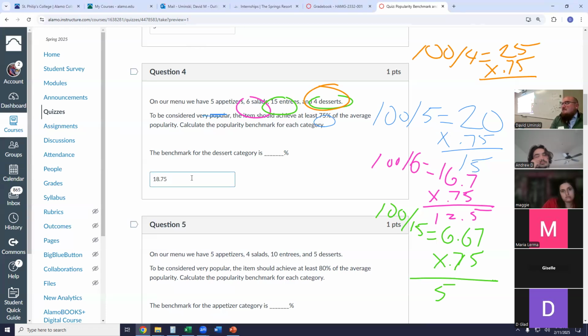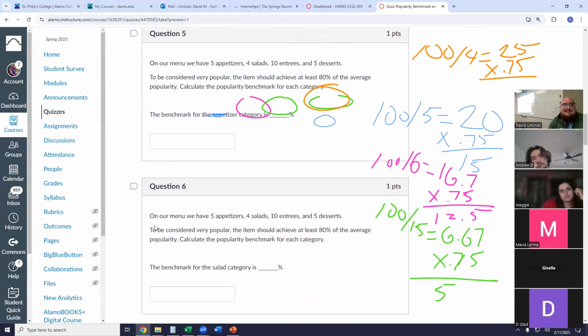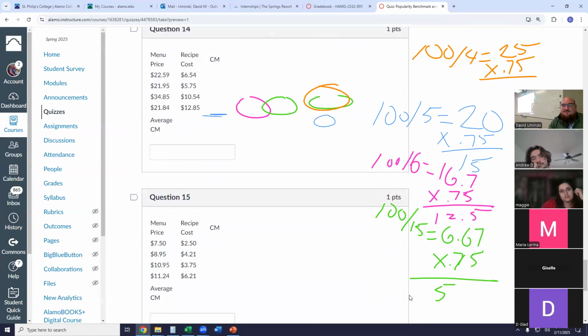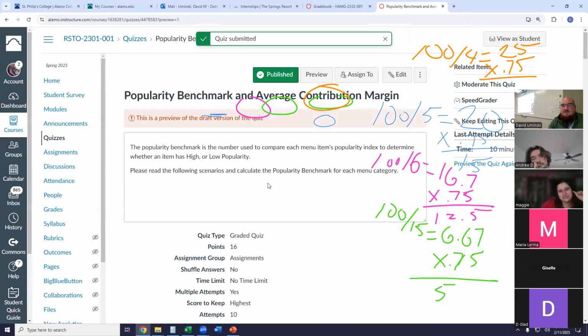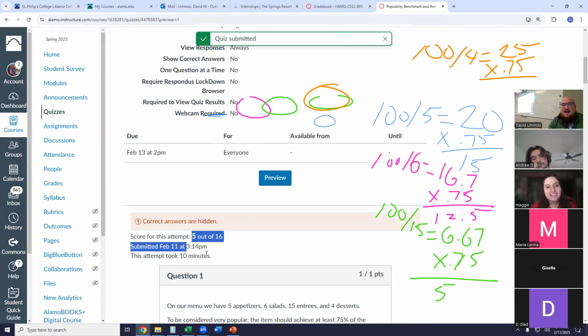Okay. So now we've answered 4 questions, right? Yes, sir. 4 plus the contribution margin. Let's test this and see if we get 5 out of 5 questions correct. Look at that. Our grade is 5, which means we got all those answers correct.